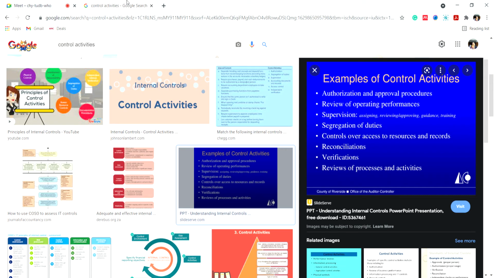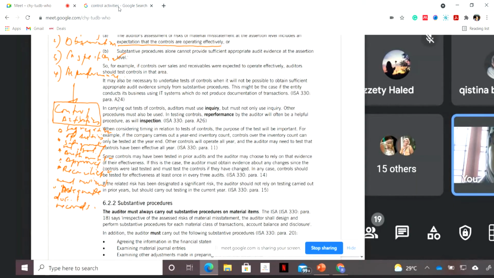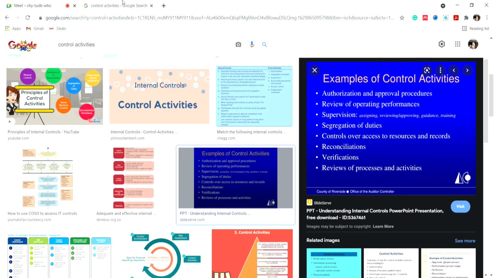So when you want to see whether that segregation of duties exists or not, you have to observe. When you observe, oh okay, there is a separation of duty between the person who received the goods and who ordered the goods. So that is the meaning of test of control.